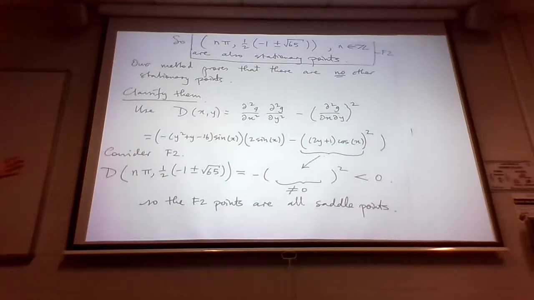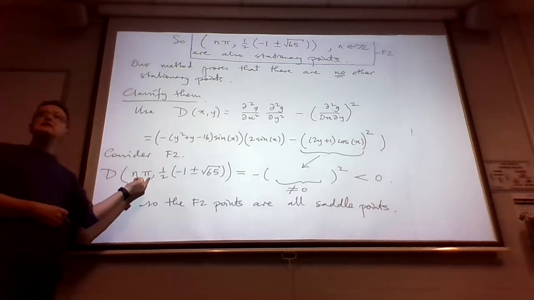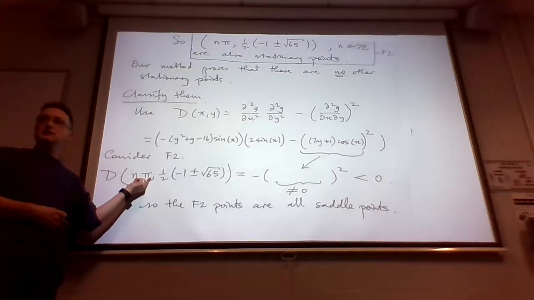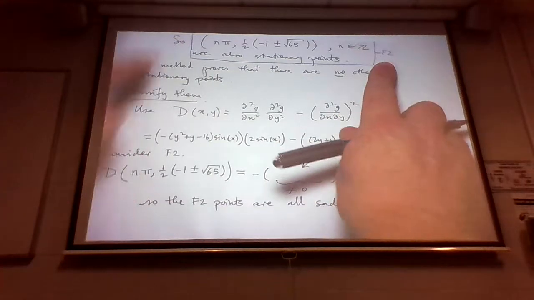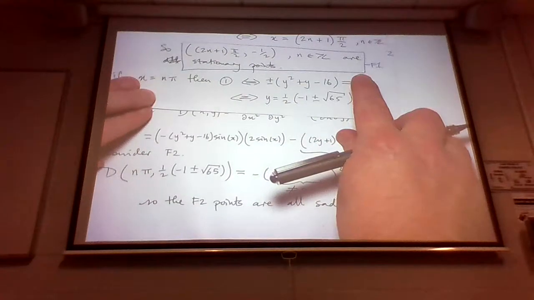The square root of 65 is approximately 8, since 8 squared is 64, so approximately a distance of 4 separating the two lines of saddle points. And there's a pair of saddle points at every multiple of pi along the x-coordinate. So that's the family F2. Then we look at our first family that we found, F1.